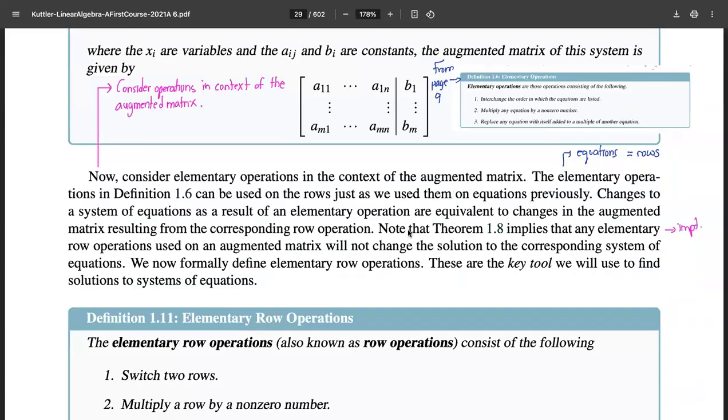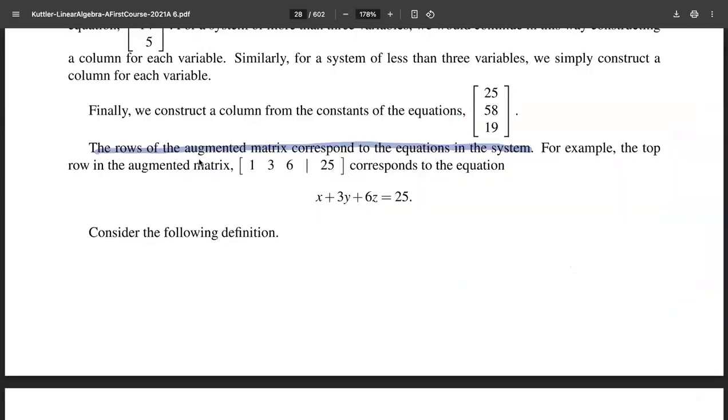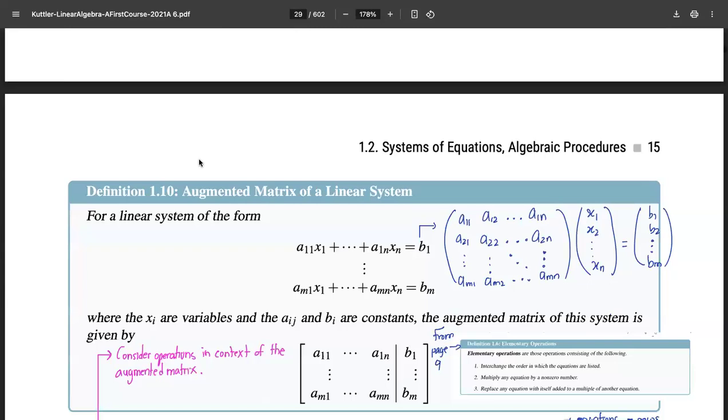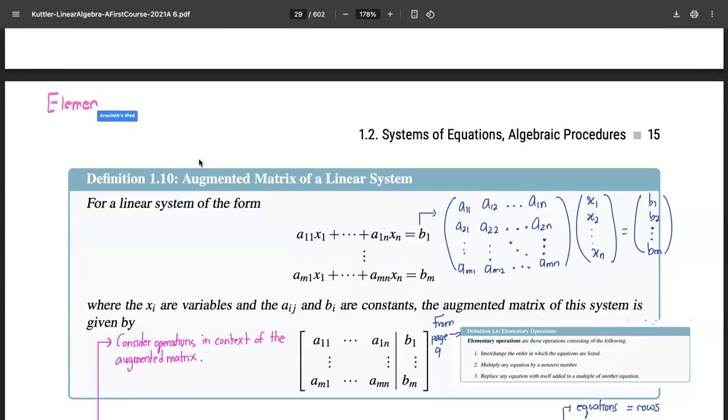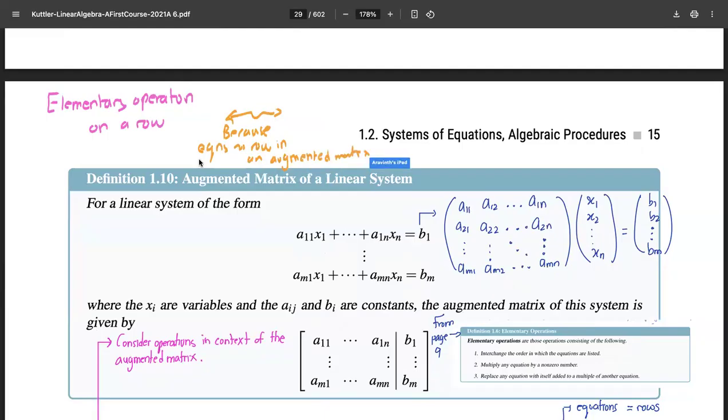So if we have an elementary operation on an equation, because an equation is associated to a row in an augmented matrix, we can also perform the same operation on the associated row, or equivalent row, right? Because they are the same thing.